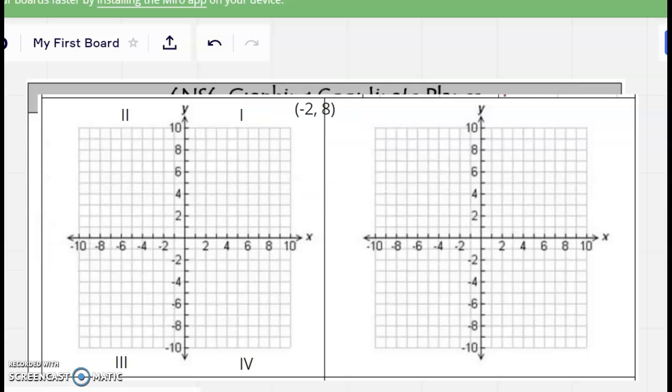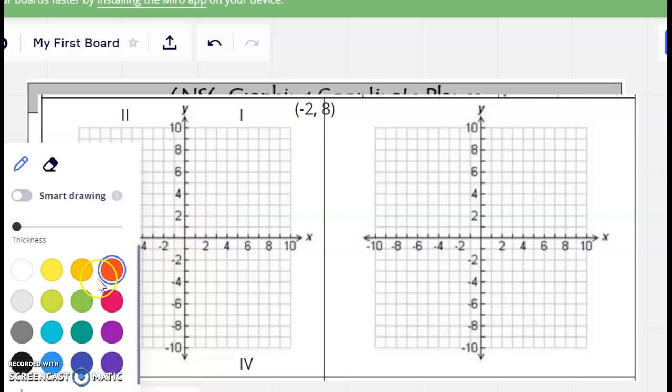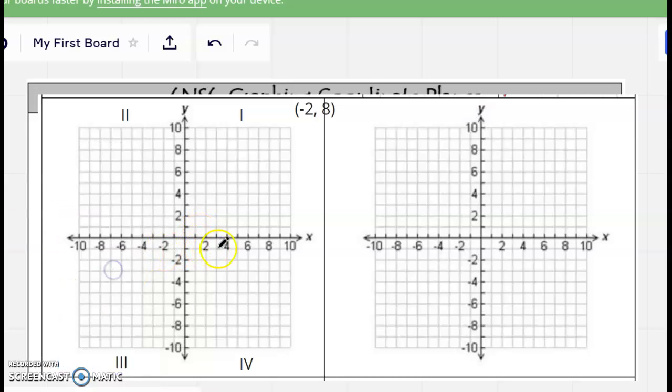So on my x value, I've got a negative 2. So I'm going to start at 0, and I'm going to move 2 to the left, and then the 8 is positive on the y value, so I'm going to go up to 8, and I'm going to draw a dot.